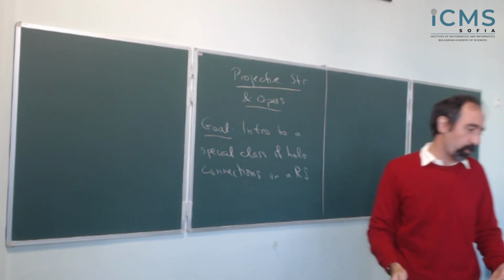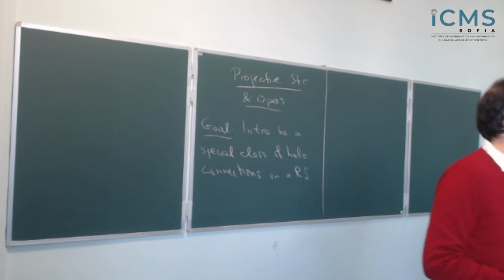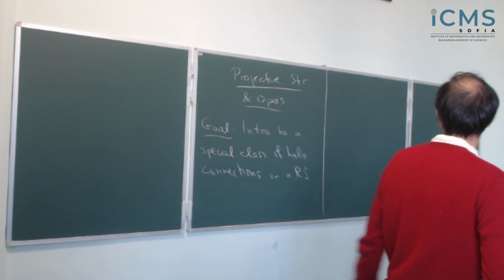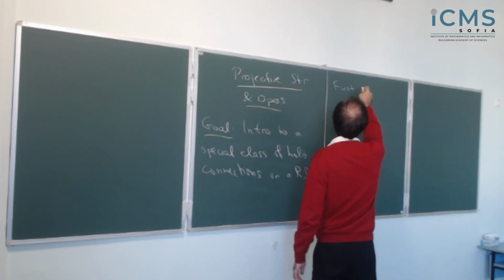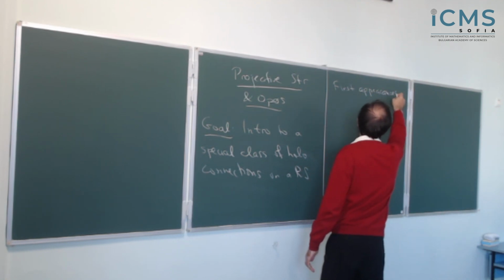Now, these objects appeared first in a form that can be traced back to Schwarz. They appeared in work of Gunning in the 1960s.